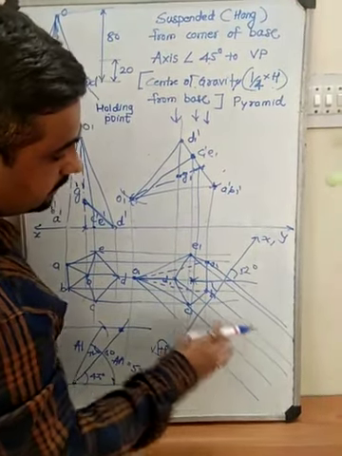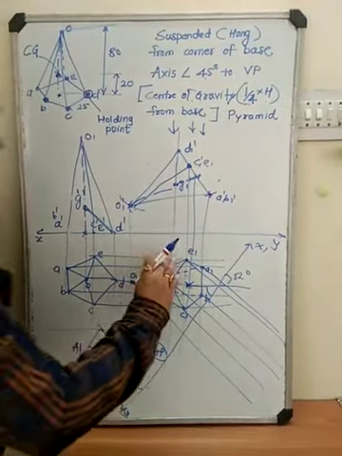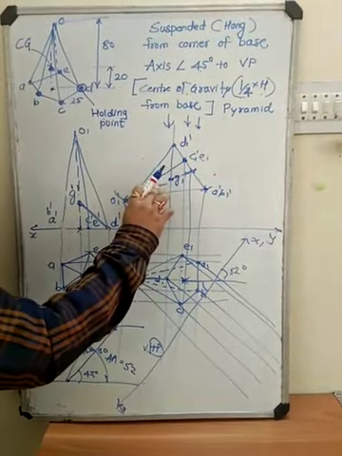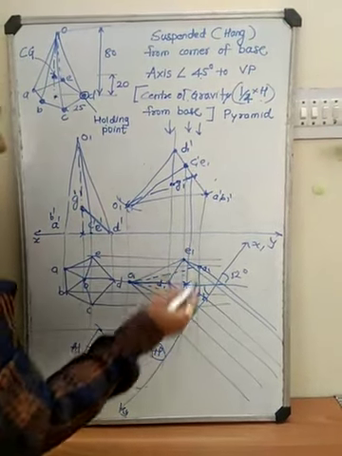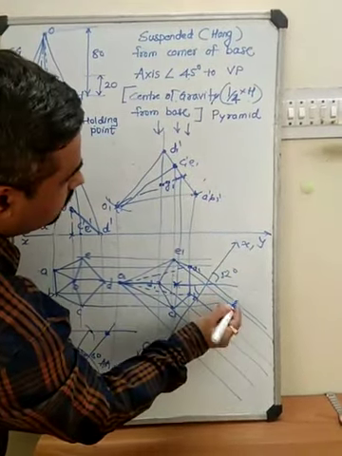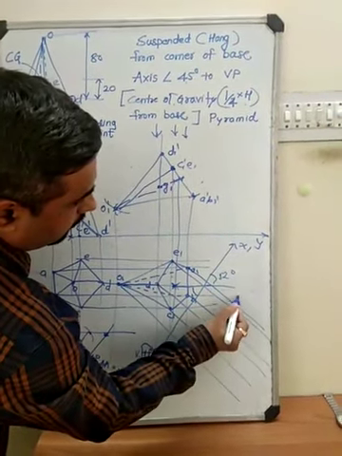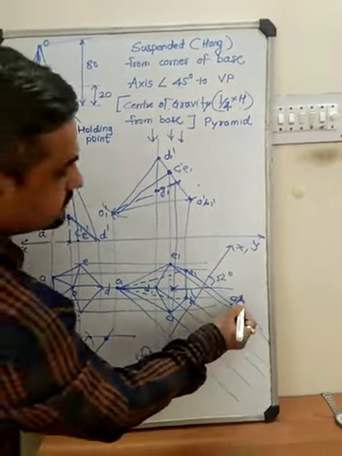mark the point over here, and for that you need to take the distance from opposite view. If you project this view, you have to take the distance from opposite view. Now this is the distance of O. Now take first the A. This is A. The distance of A is here. So mark over here A2 dash.